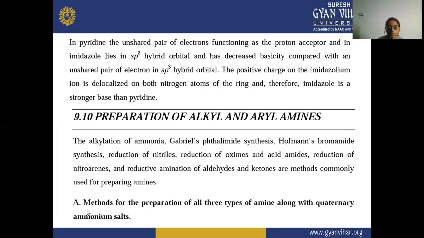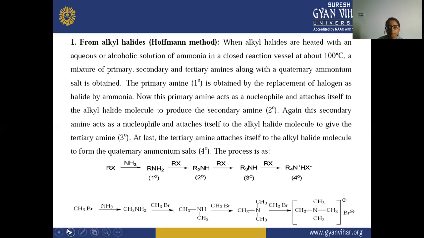Second, for alkyl halides, this is the Hoffmann method. In the Hoffmann method, when alkyl halides are heated with an aqueous or alcoholic solution of ammonia in a closed reaction vessel at about 100 degrees centigrade, a mixture of primary, secondary, and tertiary amines along with the quaternary ammonium salt is obtained.